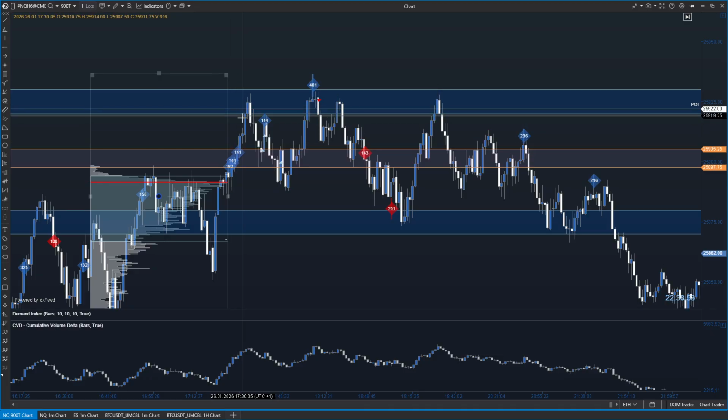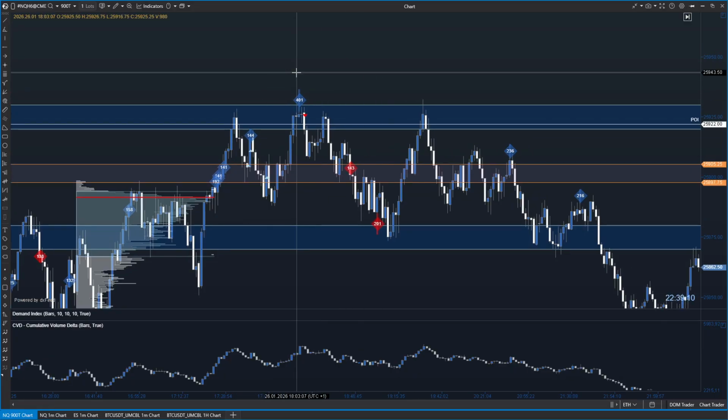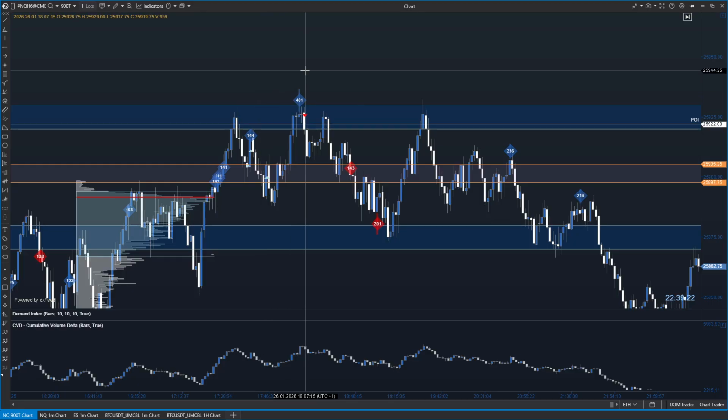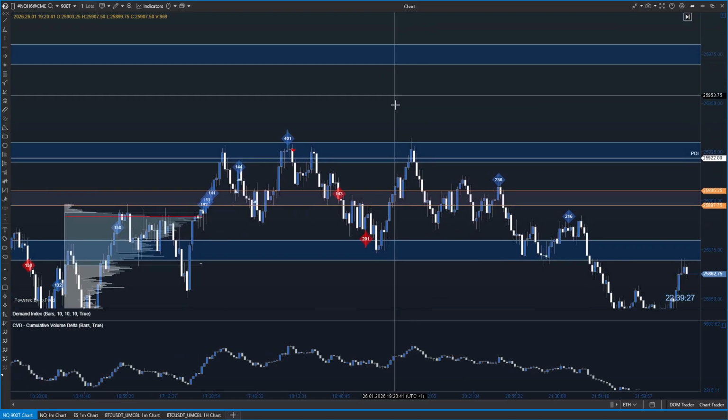So basically the market had a rejection over here. Also I use the options, the max gamma and the negative gamma and the positive gamma. The positive gamma is as a wall. So if we are in a breakout and there is major positive gamma above, I'm not going to skyrocket the market to the 26,000 or whatever.